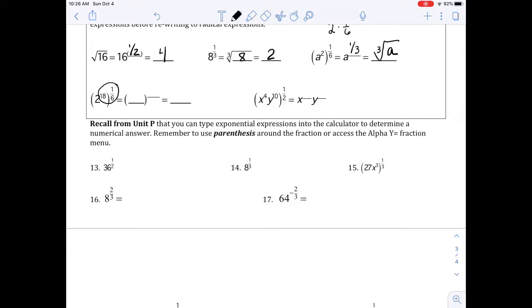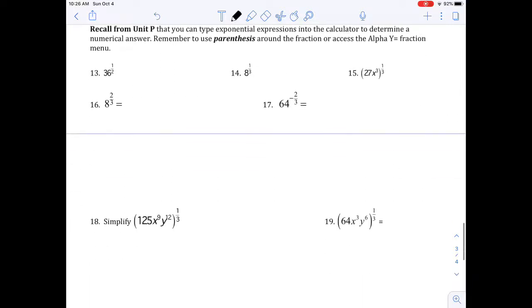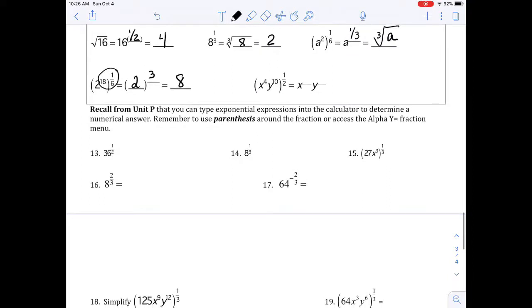Well, rules of exponents. 18 times 1/6 is 3. So that's going to be 2 to the 3, which is 8. X to the 4th, y to the 10th to the 1/2. Rules of exponents. 4 times 1/2 is 2. 10 times 1/2 is 5.